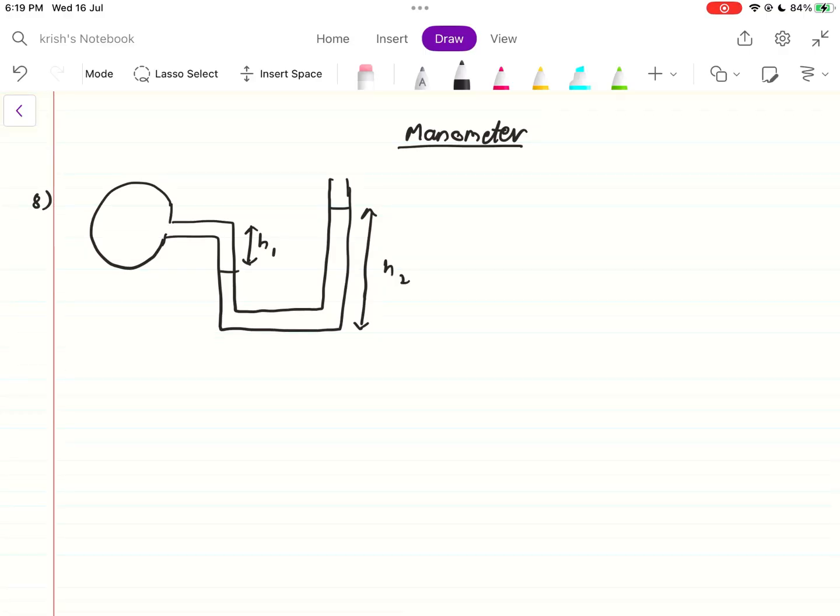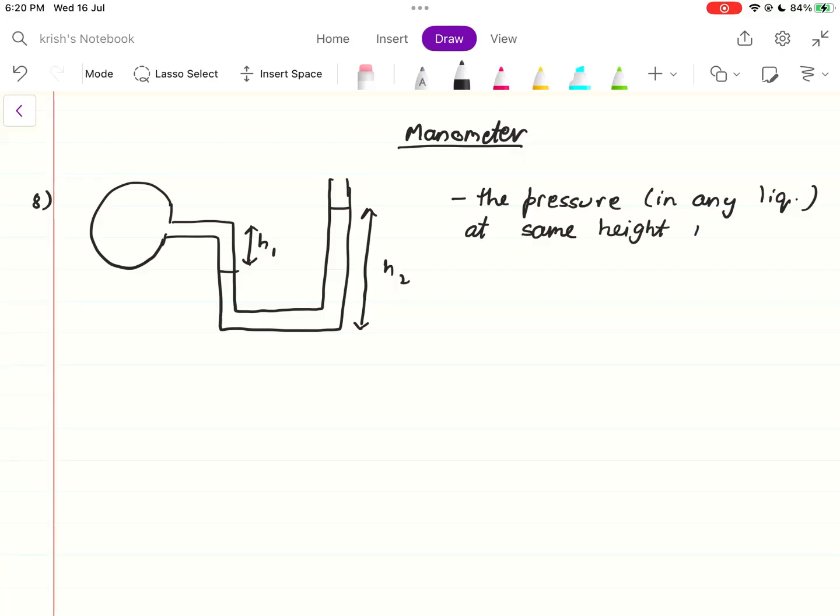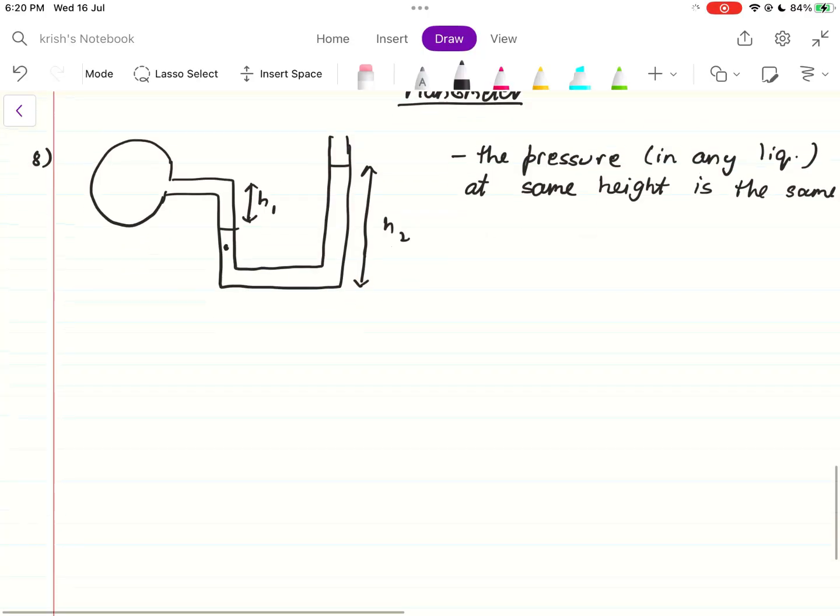Now it is important that we be aware of, I think it was called the Archimedes principle, where the pressure in any liquid at same height is the same. So for example, the pressure at this point and the pressure at this point would be exactly the same because they are at the same level inside the liquid. They can be different liquids as well. That is the important thing here.